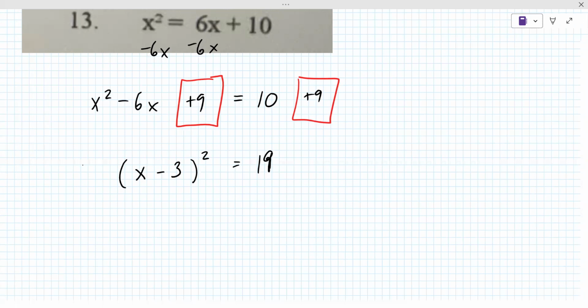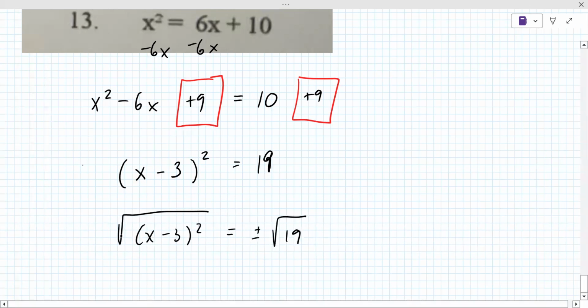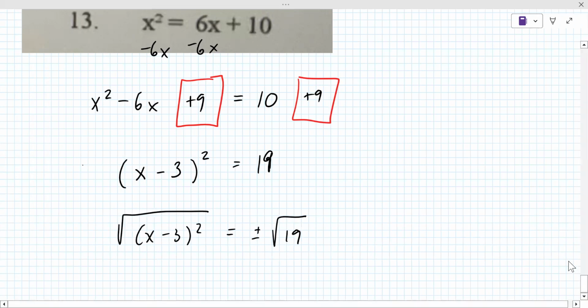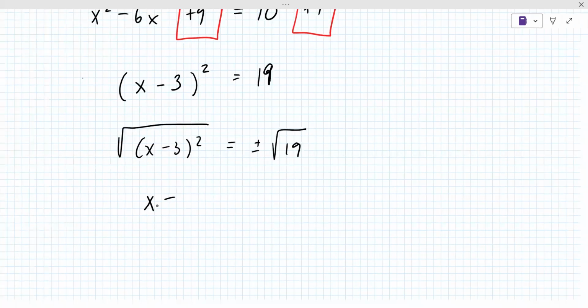Square root both sides. Good. Is the square root of 19 a known value? No. So just the square root of 19, unfortunately. Can't do anything with it. X minus 3 goes plus or minus square root of 19. Add 3 to both sides. So x equals 3 plus or minus the square root of 19.